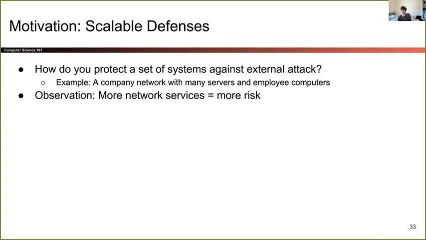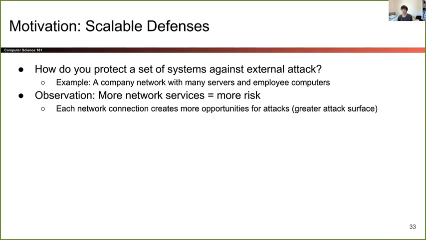First thing to notice is you work at Google, your computers are doing a lot of things, and the more network services you have, generally there tends to be more risk. So if your computer makes a bunch of different connections and maybe it has like 5 servers running, it gives attackers more opportunity. So it gives them a greater attack surface, would be the technical term that we're using here.